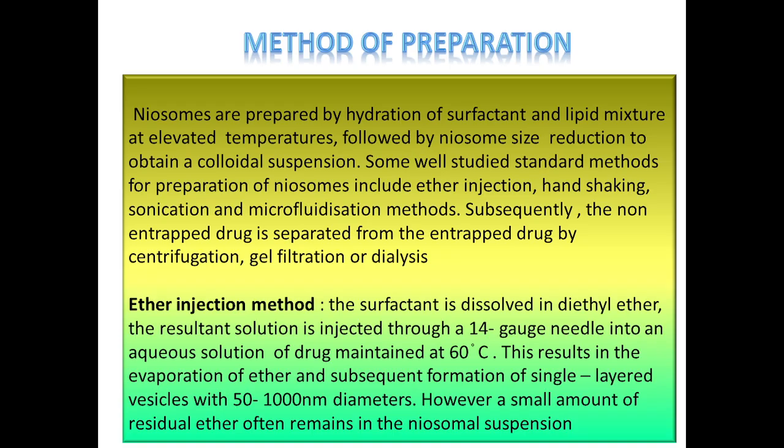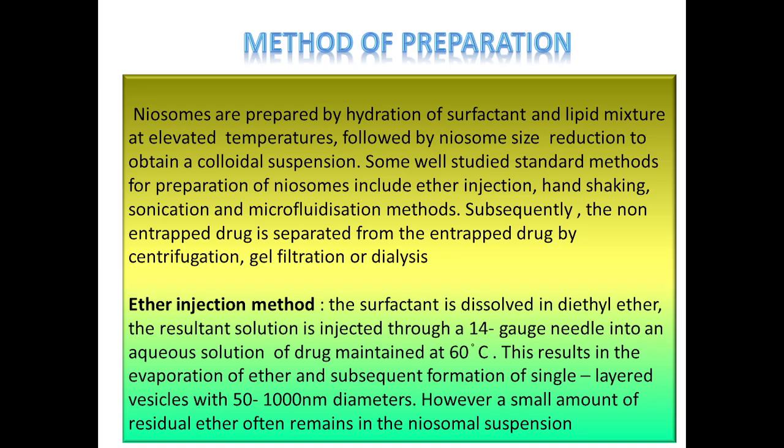Now, ether injection method. The surfactant is dissolved in diethyl ether. The resultant solution is injected through a 14 gauge needle into an aqueous solution of drug maintained at 60 degrees Celsius. So in the ether injection method, first the surfactant is dissolved in diethyl ether, then the solution which is produced is injected into the aqueous solution of drug at 60 degrees Celsius.